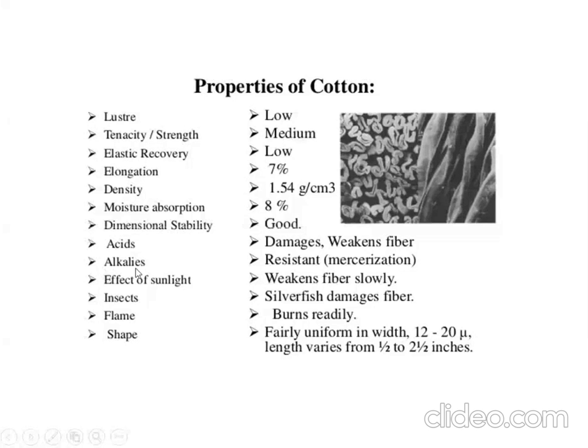Towards alkaline treatment, yes, cotton fiber has good resistance, like you can treat it with sodium carbonate or sodium hydroxide. When the cotton fiber is treated with sodium hydroxide, a good luster property is obtained. That process is called the mercerization process.